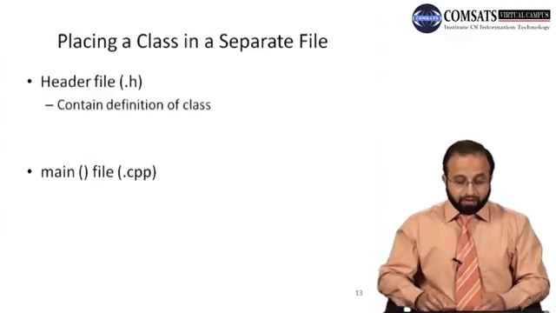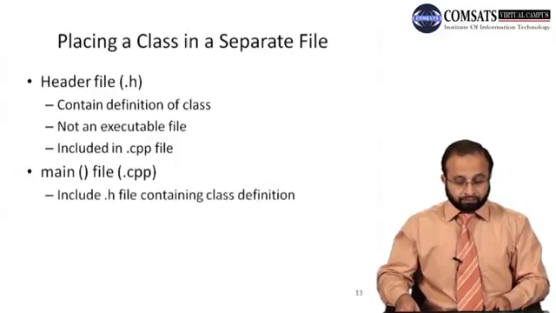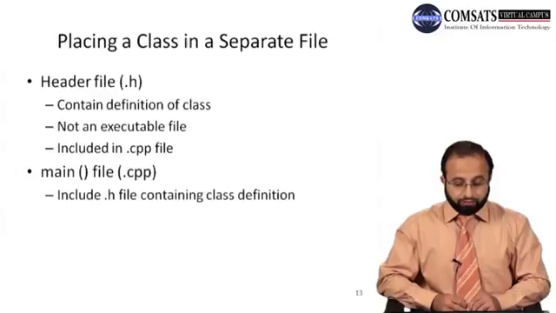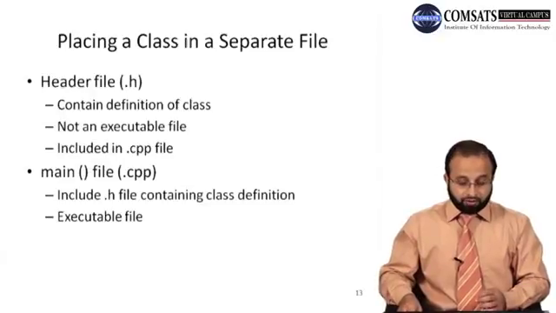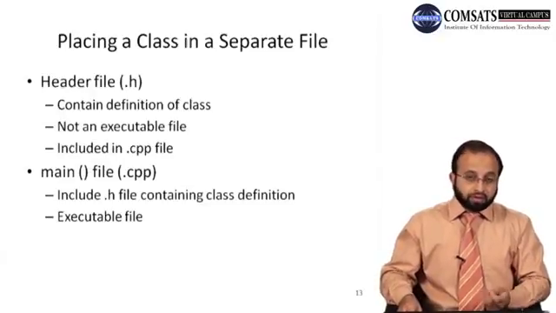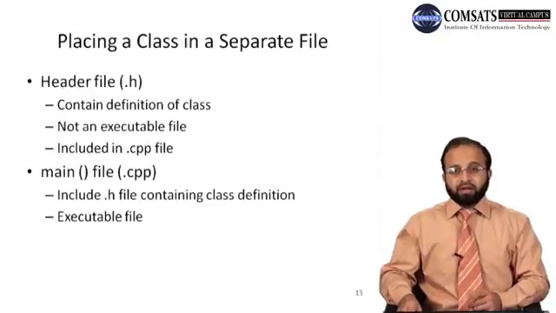Within the header file we have the definition of the class, and that is not an executable file because it doesn't include the main function, and it is included in the .cpp file. Include the .h file containing the class definition. The cpp is an executable file because it contains the main function, so every C program that contains the main function is actually the executable.